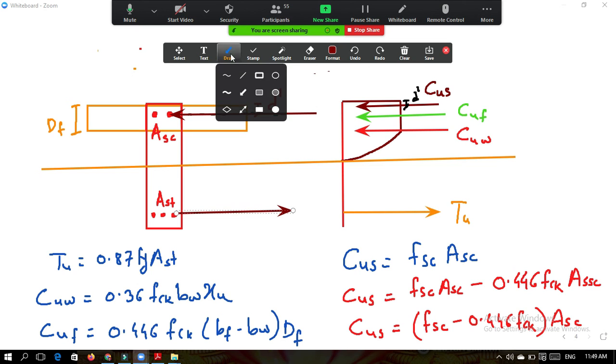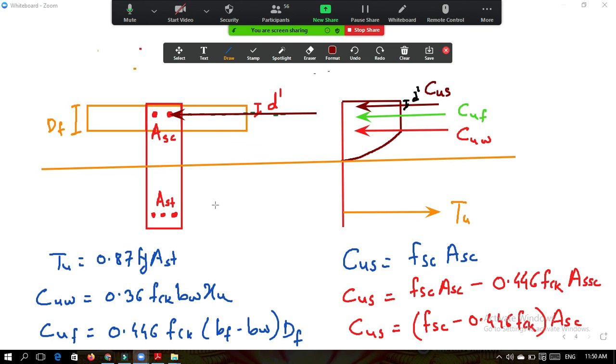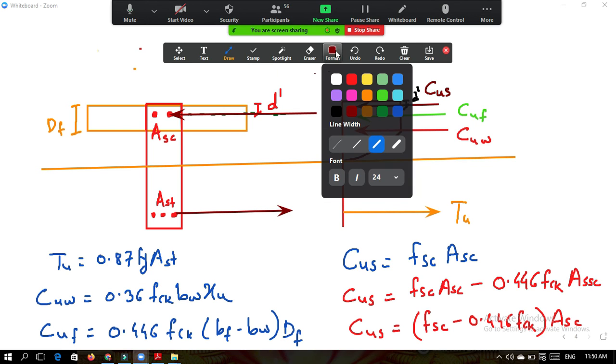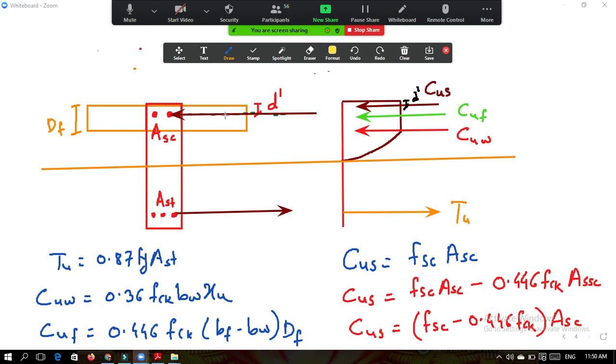Whatever the distance between these two, this is nothing but the lever arm. This you already know. So this is the distance, and this is the lever arm. This is nothing but your ZUS, I will call it, and this will be D minus D dash.